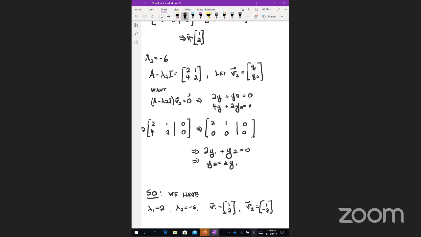So we're going to have 1 degree of freedom. So setting y1 equal to 1, we get, sorry, that v2 is equal to 1, 2.